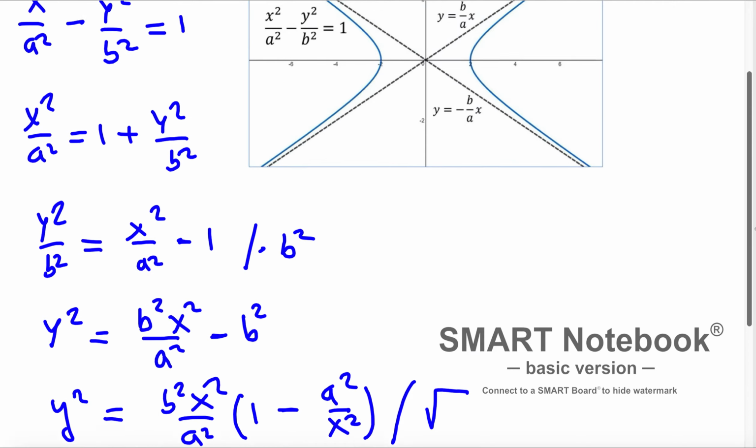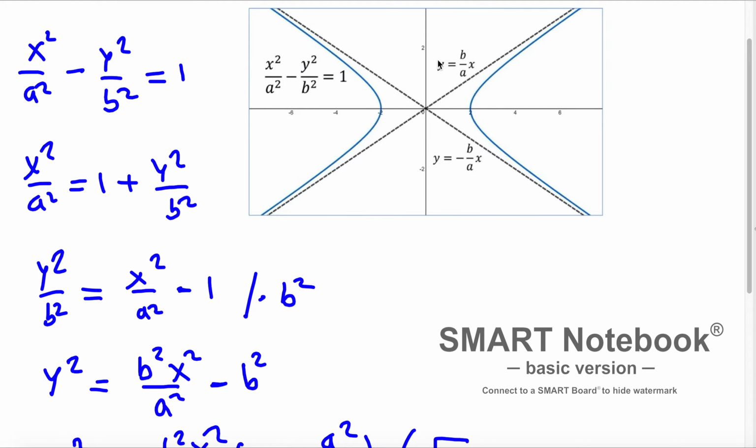But now, because we are looking to find the asymptote, we want to know first of all that the asymptote describes the end behavior of the function. So we are going to look at how this function behaves toward infinity.